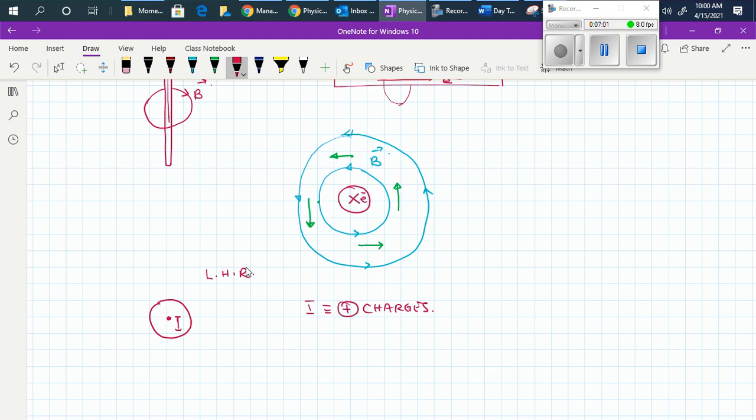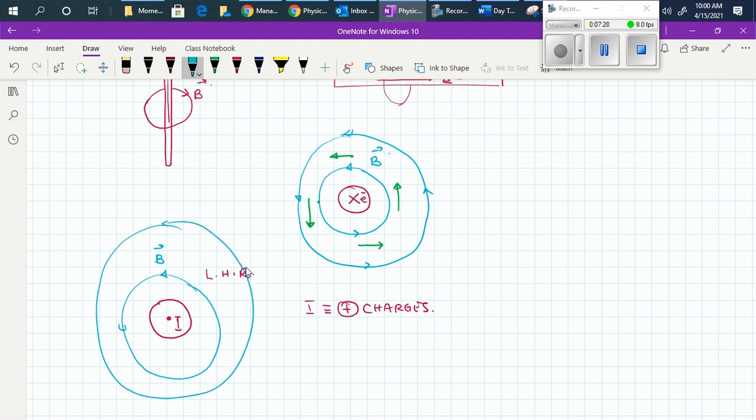So from out of the page, I will make it into the page, and then the direction of magnetic field will be given by your fingers coiling the wire. So magnetic field will be like this.